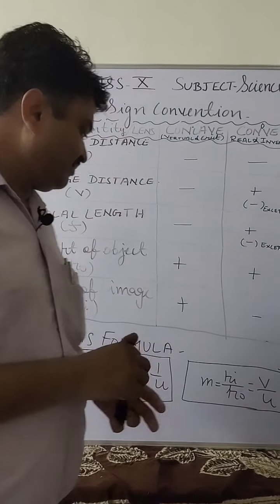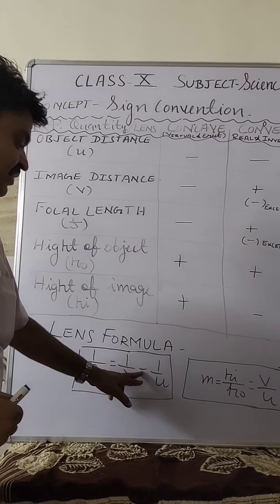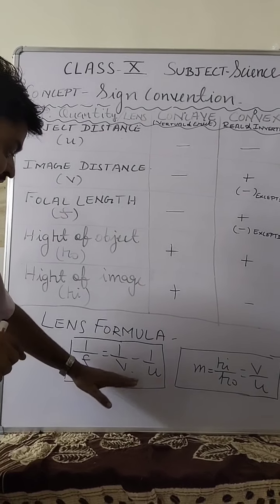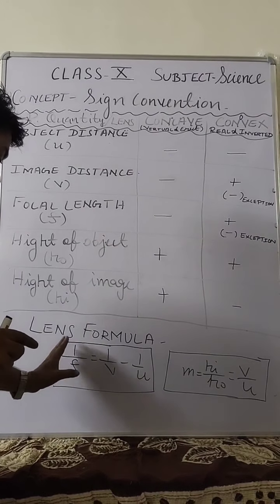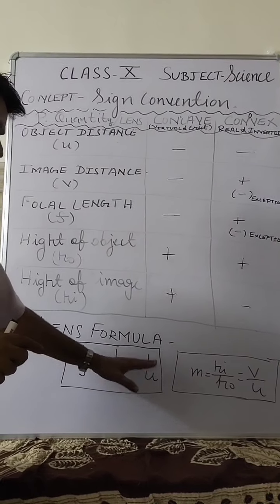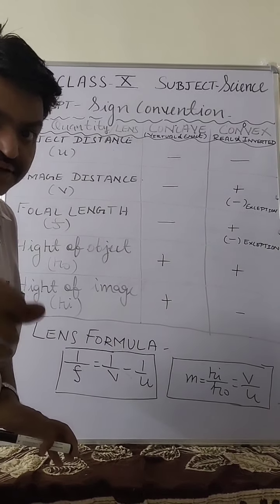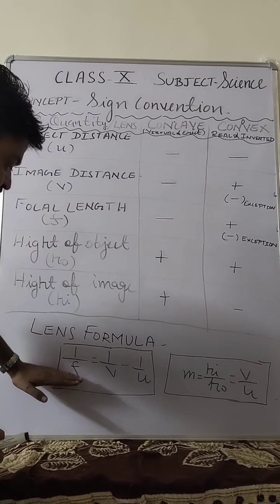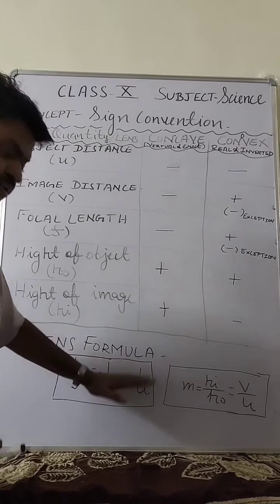In the mirror formula the positive sign is found, but here the negative sign is found. So this is the lens formula: 1 upon f is equal to 1 upon v minus 1 upon u. You will learn it.